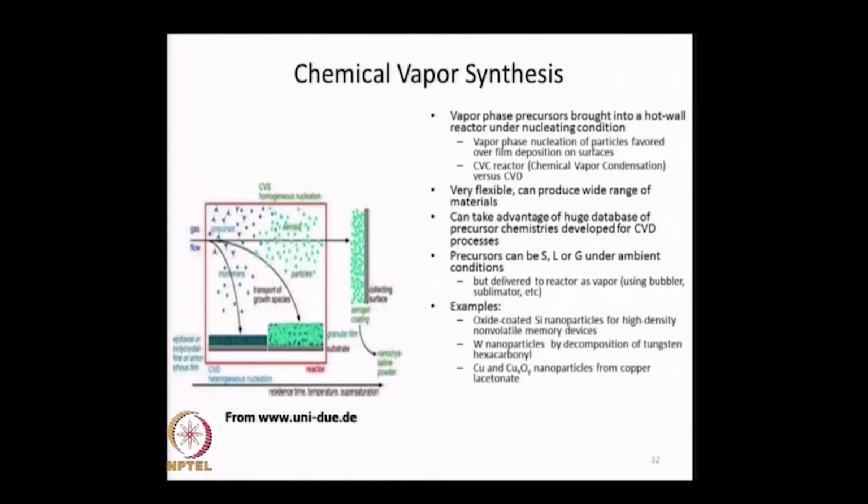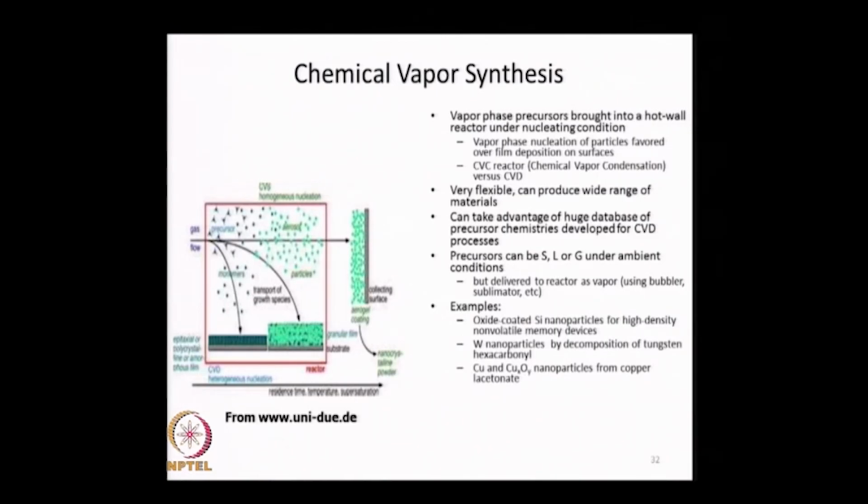The advantage of this technique is it is very flexible, can produce a wide range of materials. You are only limited by what vapor phase precursors you can make. So, anything that can be made into a vapor phase form and introduced into the reactor can be made to react and produce product that is in the nano size range.